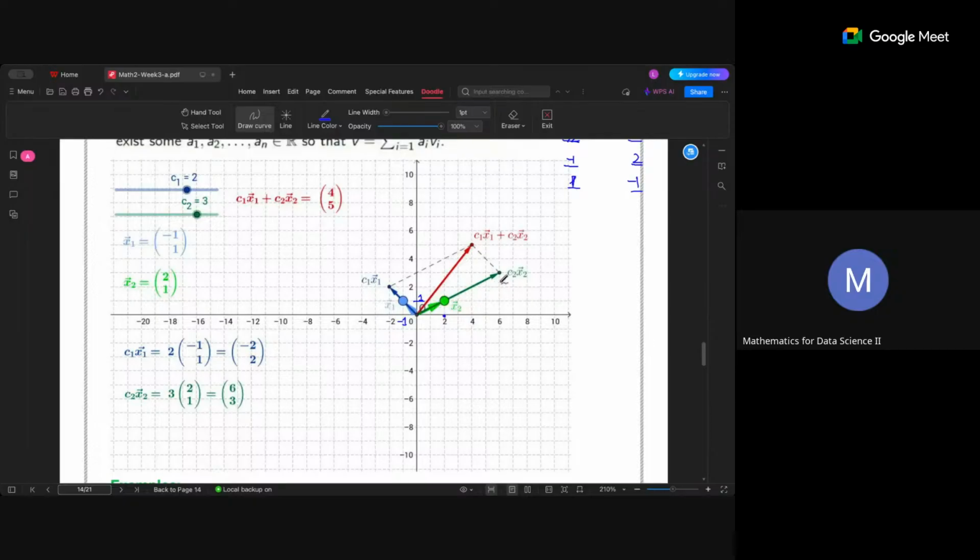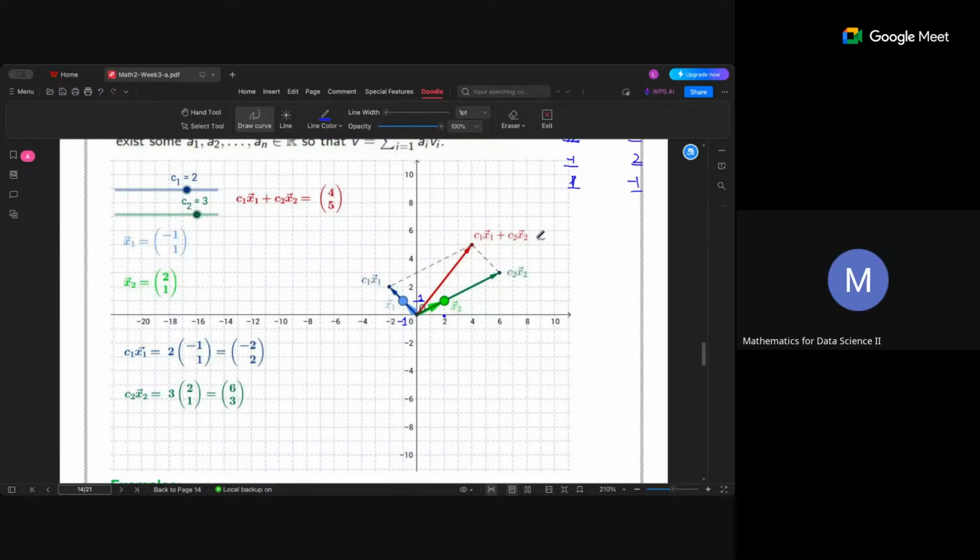Now c2x2 is something like this and c1x1 is something like this. Specifically, when c1 is 2, you get 2 times x1, which is (-2, 2). And when c2 is equal to 3, you get (6, 3). Now, if these are the two vectors, then the sum of these two vectors is the diagonal of this parallelogram, c1x1 plus c2x2.